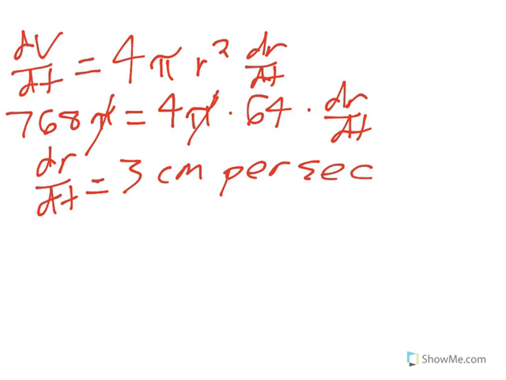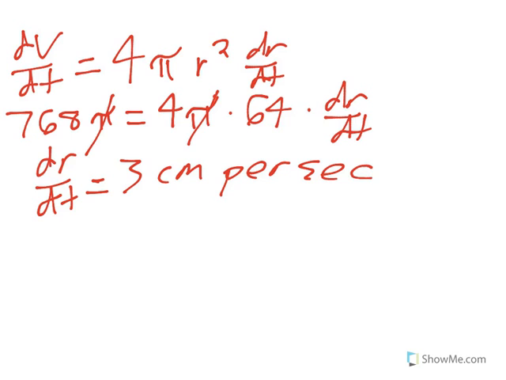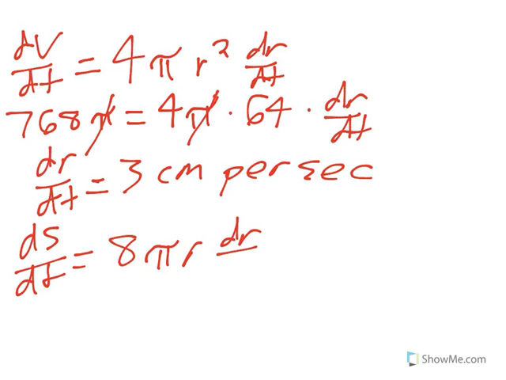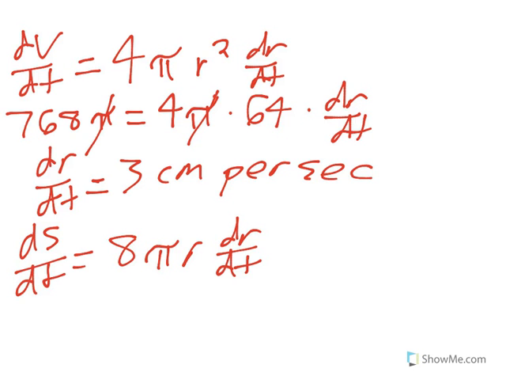Next we're going to use this to find the surface area. From what we wrote in the last one, remember to do the chain rule and just use that again. It's the same way as doing the volume one. So dS/dt equals 8 pi r dr/dt. We know the radius and dr/dt, so we can substitute those in.